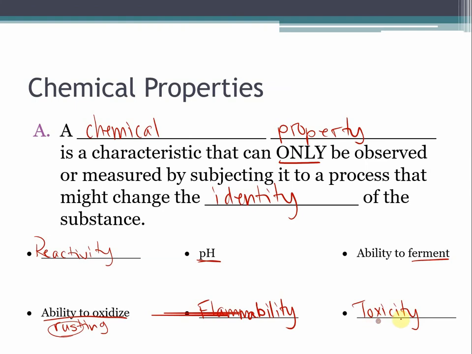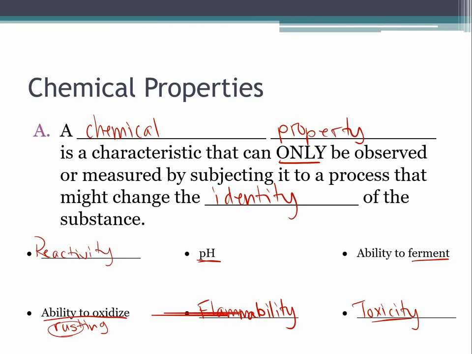Same with toxicity. This is how likely a substance is to harm people or animals. The only way to know for sure whether something is going to be harmful is to see if it harms you. So if you've ever had a fire ant bite, which we all probably have because we live in Texas, you have experienced this. When that ant bites you, or actually it's a sting, when that ant stings you, it's injecting you with formic acid, which is harmful to your body.